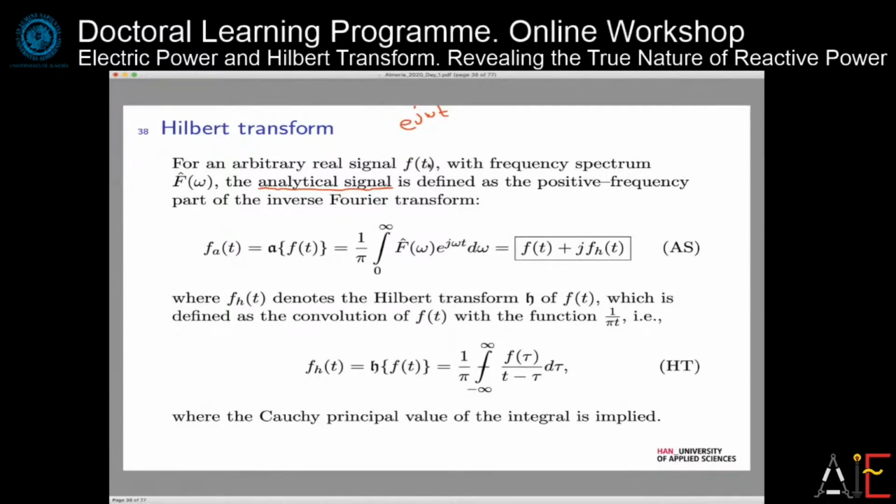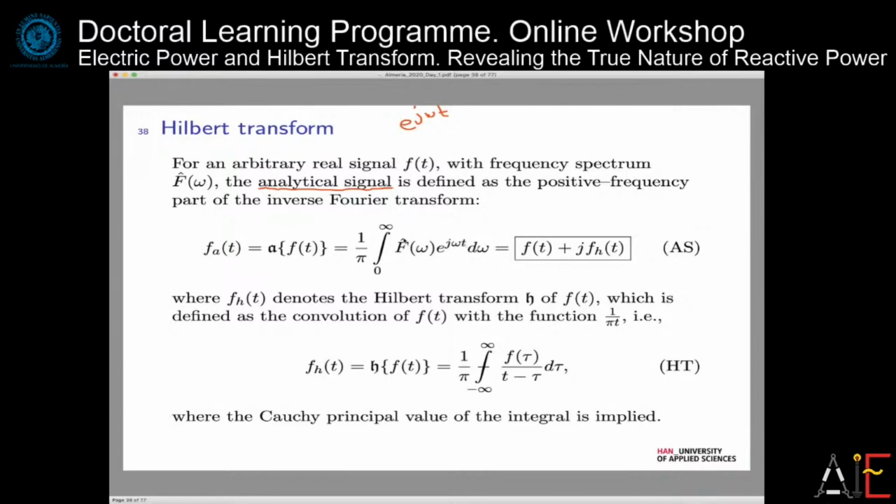So let's assume that for every given real signal, like a voltage or a current, let's call it f(t), which has some frequency spectrum denoted over here, the capital F with a hat on it, this analytical signal is defined as the positive frequency part of the inverse Fourier transform.